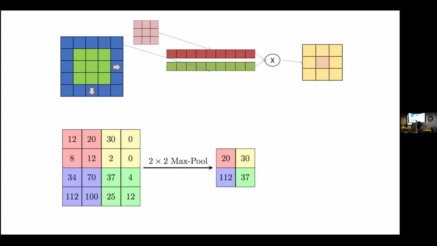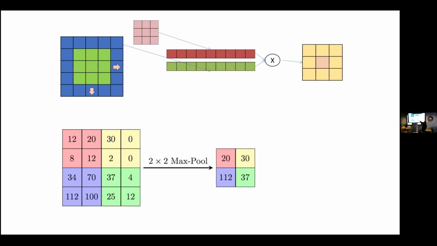Your original image will be the blue part, and the smaller window that is going to move is the green part, that green square. There's a pink square over there. That pink square and that green image, they roll out, and they are multiplied, dot product, and whatever comes out is what you put in that part in the center.